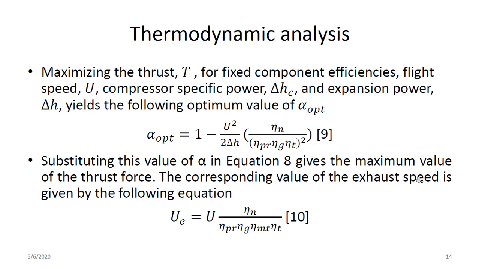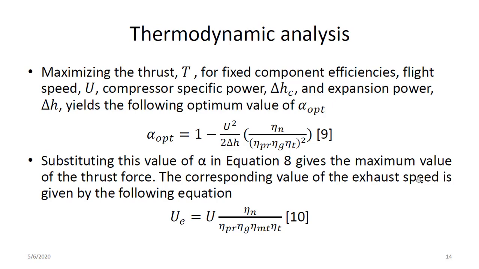Hence, if you need to maximize the thrust for fixed component efficiencies, flight speed, compressor specific power, and expansion power, you get the optimum value. So alpha opt, this is not the angle of attack.